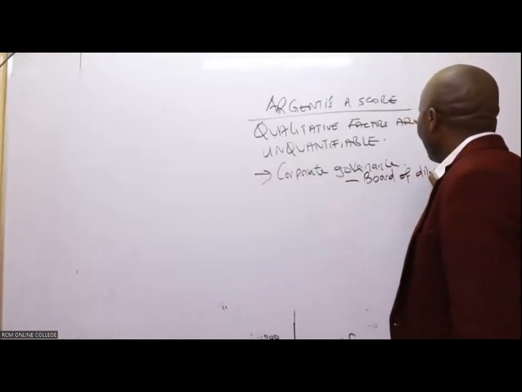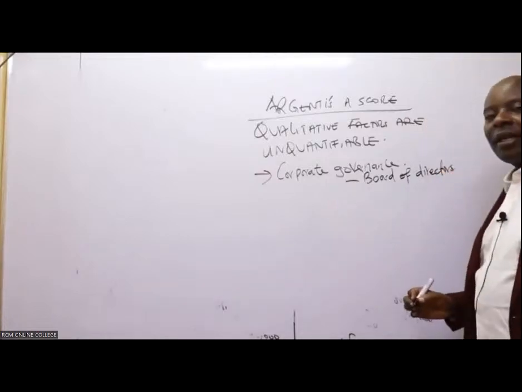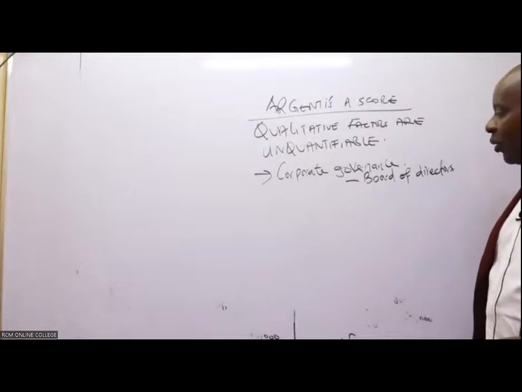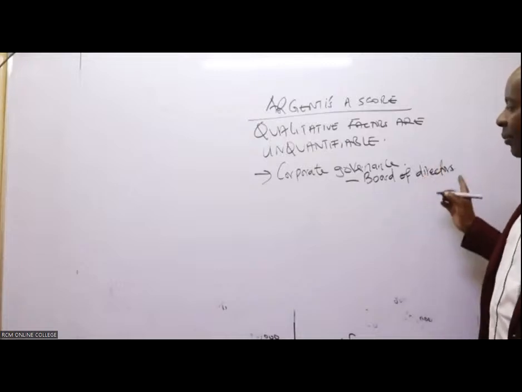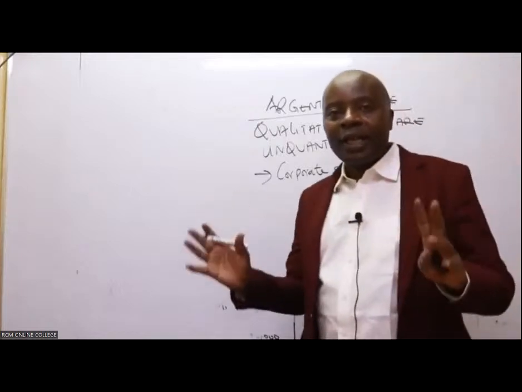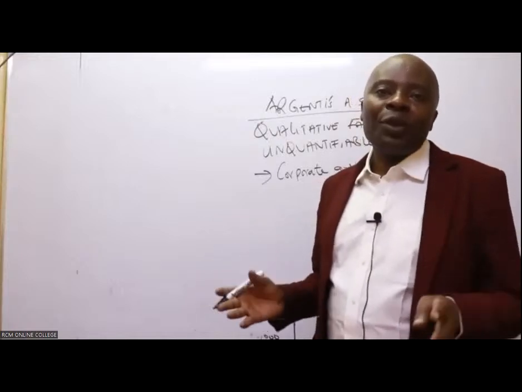If you get a company that is being run by a single man show, then that company is defective. That company will go down. So in this case, your board of directors must be present. And this board of directors must also be structured into what we call committees and subcommittees.